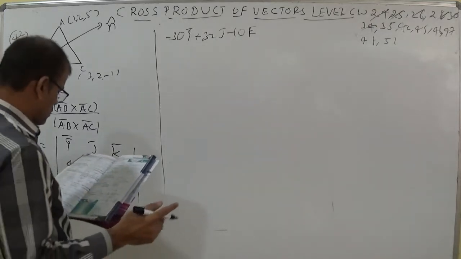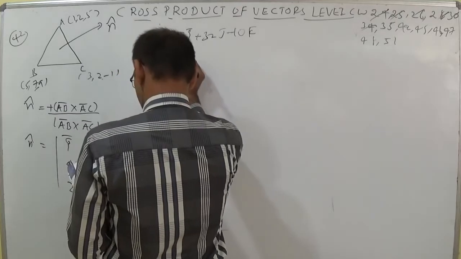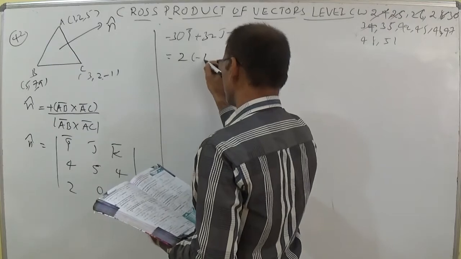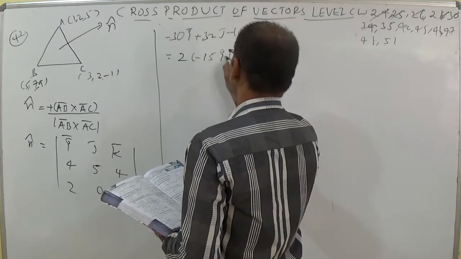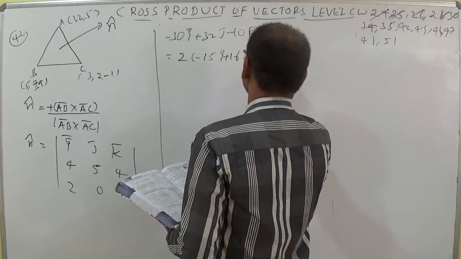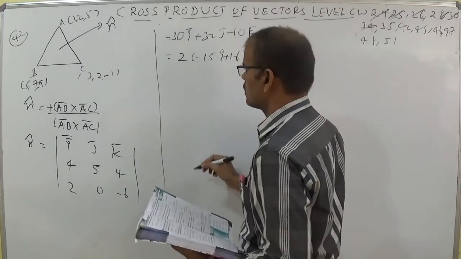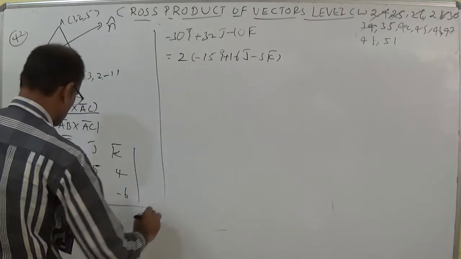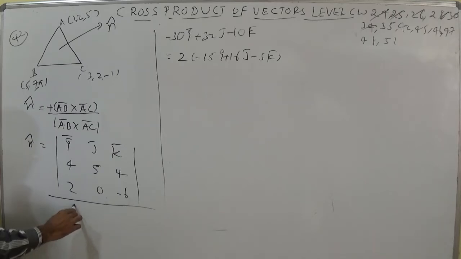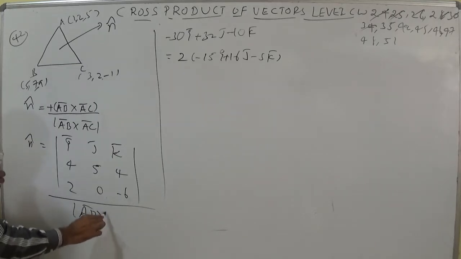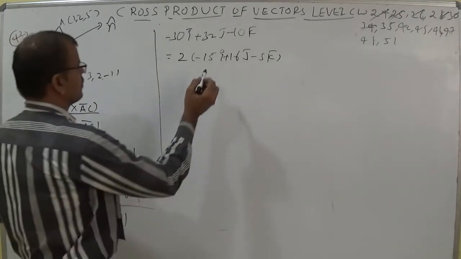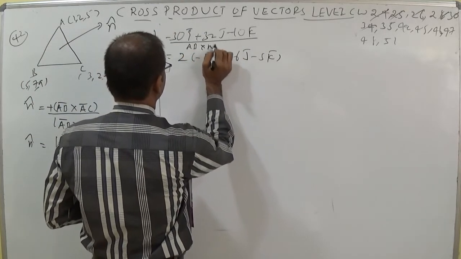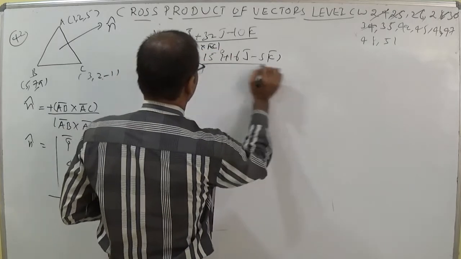We can take a common factor 2 here. According to option 42, maybe the second option is very fine: 2 into minus 15i plus 16j minus 5k. This is the N bar. Now write N cap as this divided by its modulus, the modulus of AB cross AC. What is the value of the magnitude?